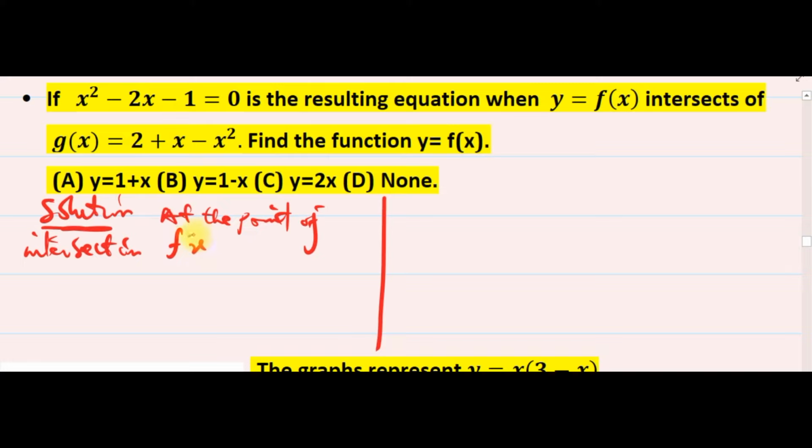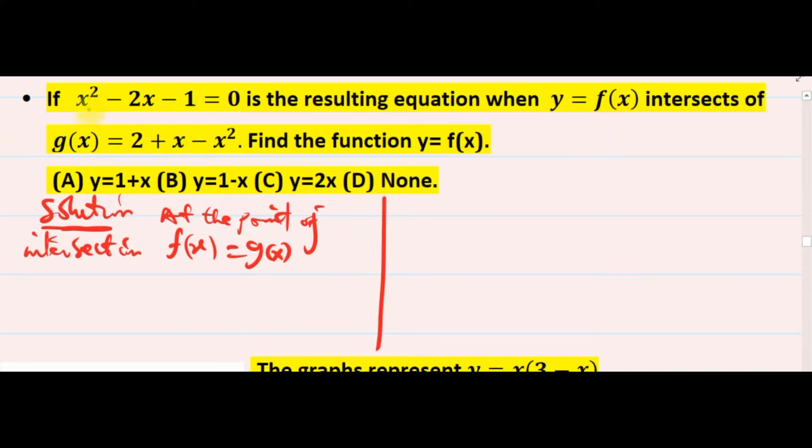That is, f(x) must be equal to g(x). So they told us this is the resulting equation if f(x) meets g(x). The best way to solve this is to transform this to look like the other function. The remaining function is then f(x).